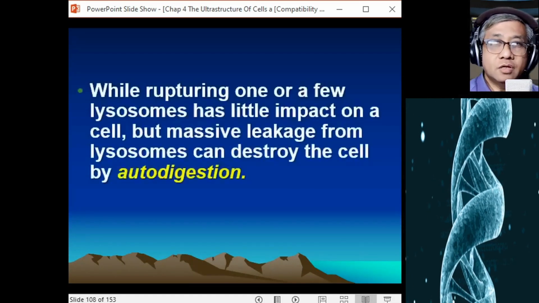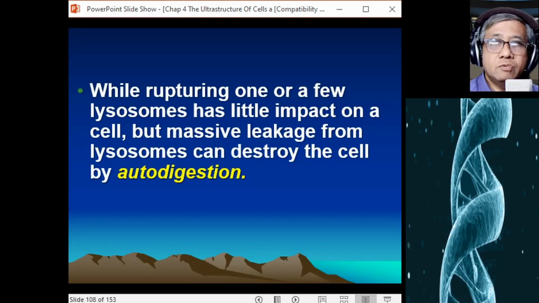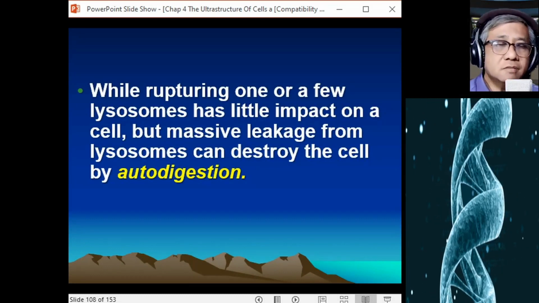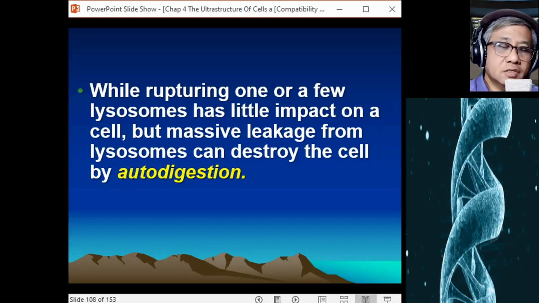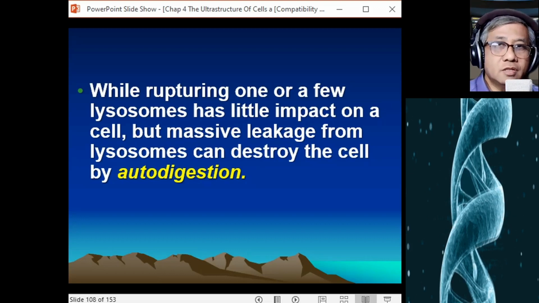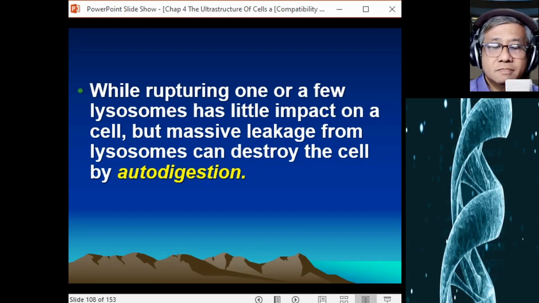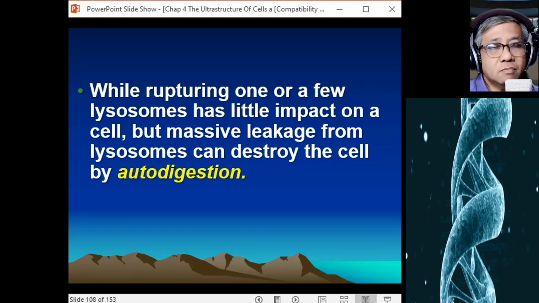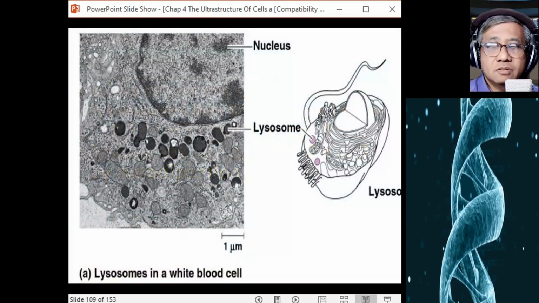This is called autodigestion. While rupturing one or a few lysosomes has little impact on the cell, massive leakage from lysosomes can destroy the cell. And we call this autodigestion or cell suicide. So once these hydrolytic enzymes leak out because of the rupturing of the membrane, then autodigestion can occur.